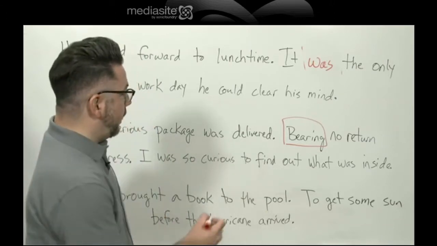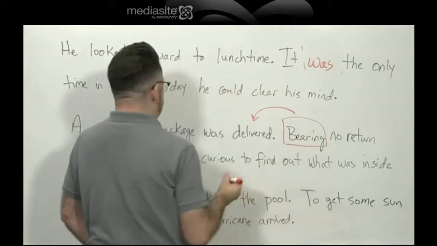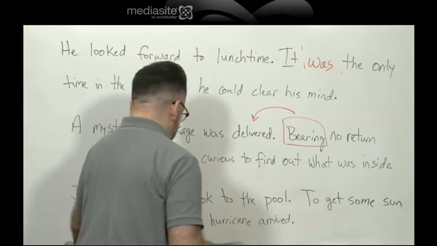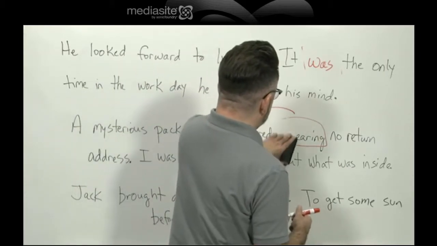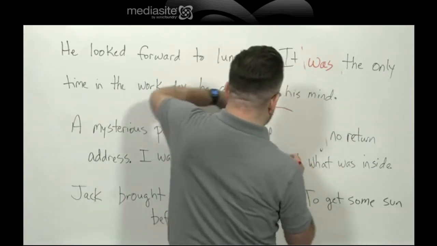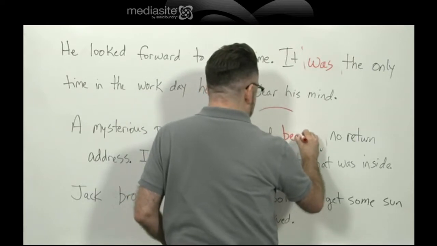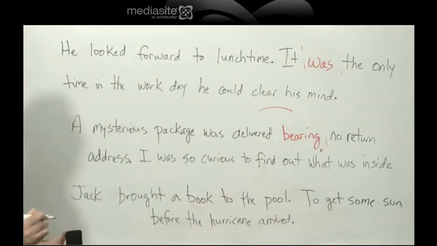Well, since the bearing no return address is describing the package that was delivered, let's just connect these two sentences. So I'm going to erase this period, and I'm going to lowercase the word bearing. A mysterious package was delivered bearing no return address.